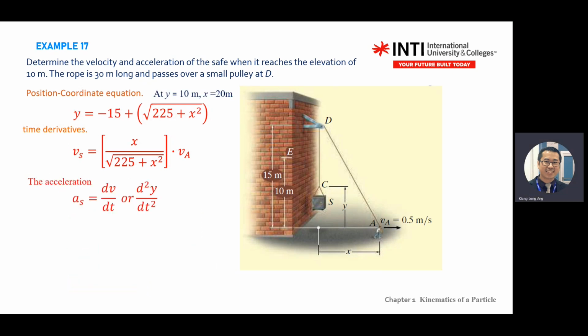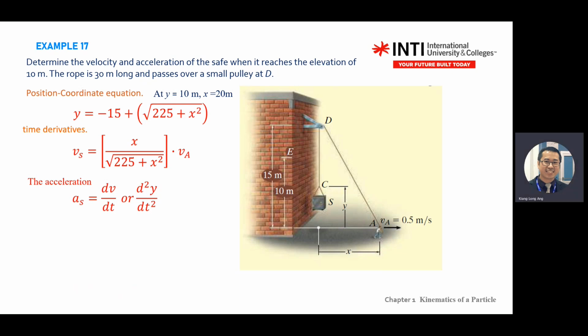Then the acceleration: they still ask you to find velocity and acceleration. Acceleration has two definitions. One is the time differential of velocity, or the double differentiation of position. So you can use either one. We already have your V equation or y equation.